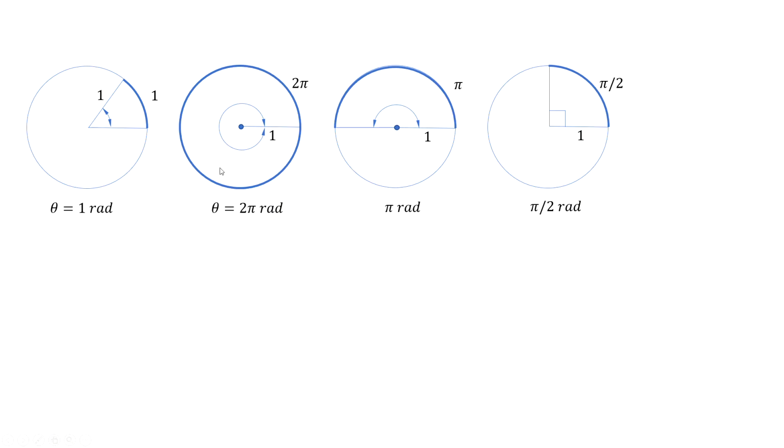Oh, wait a minute. What about the angle inside a circle, the full circle? What is this angle equal to? Angle in a circle is 360 degrees, man. Yep, you are right. Why am I interested in that? Well, I want to know the relationship between radians and degrees.